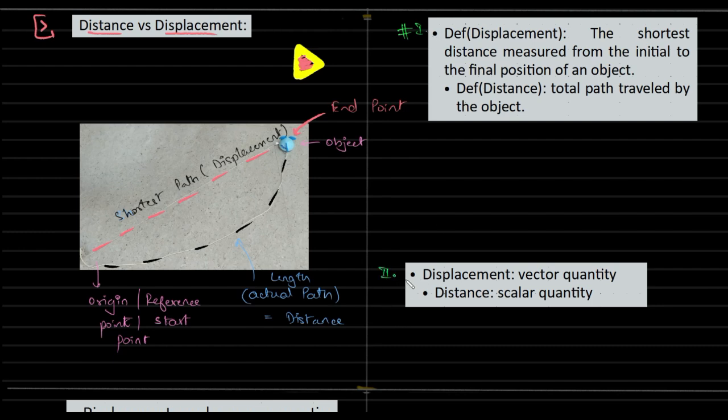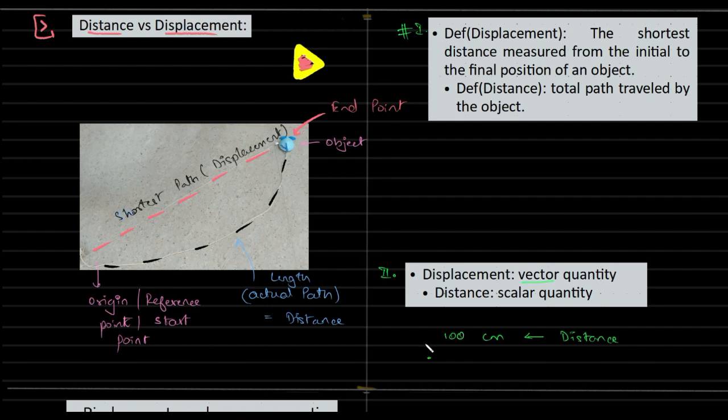The second difference between distance and displacement is that displacement is a vector quantity while distance is a scalar quantity. If I tell you the object moved 100 centimeters, it is purely distance.